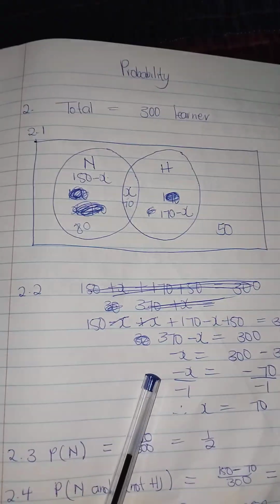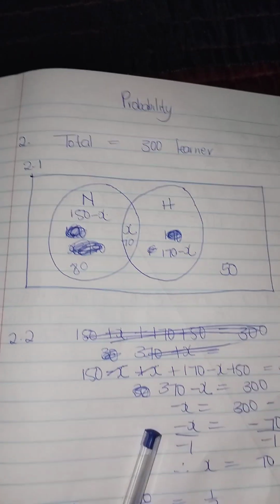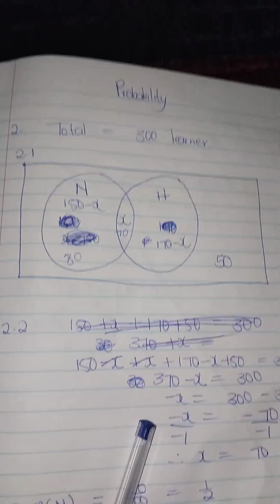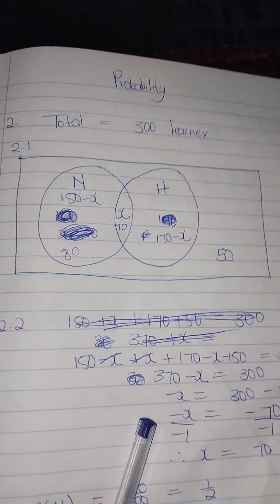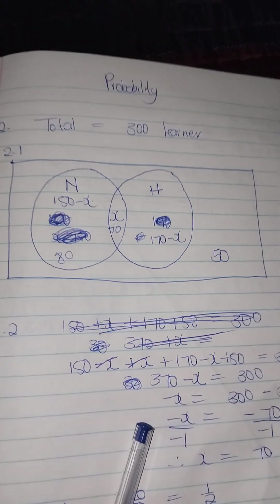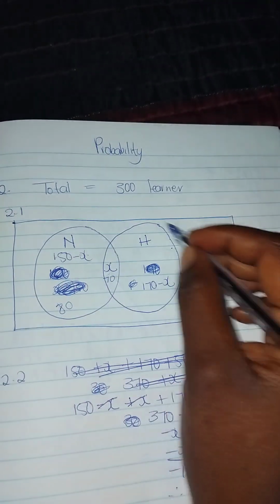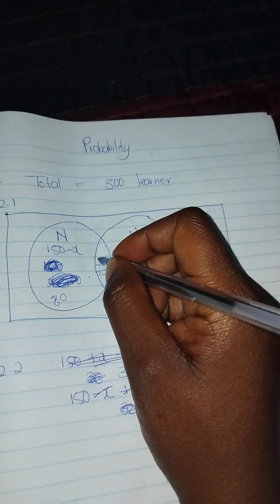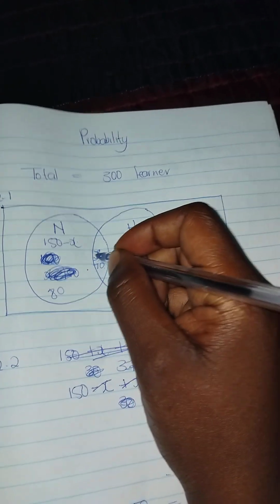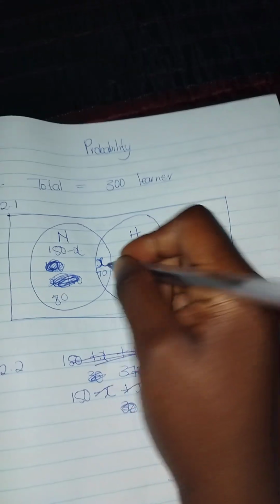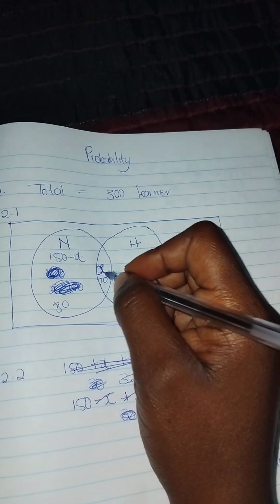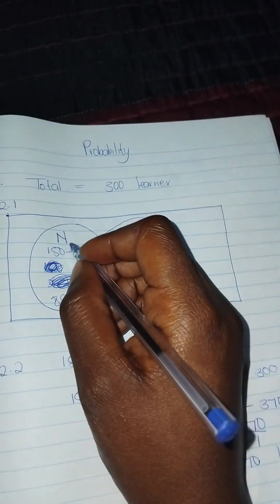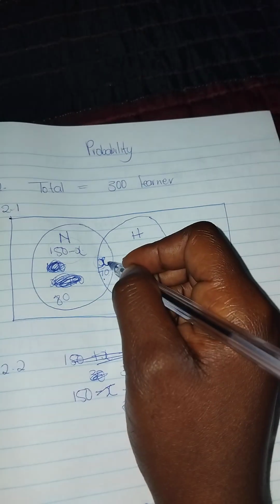You are given that abantu abadlala i-netball bebonke by 150, abadlala i-hockey by 170. Kuthiwa ke abadlala both, andithi uyayizoba mos because iyadibana uzobe ithi abadlala both ngu-X uxelelwe, ne? Meaning xa uthatha lo X and whatever that is here funeke uphume no-150.